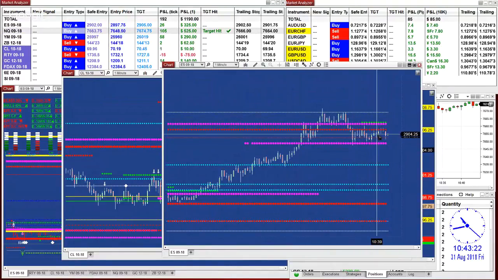So how much do you want to invest on the ES when you find out it is getting stuck in this area here?